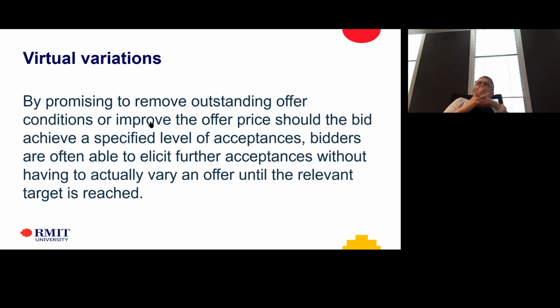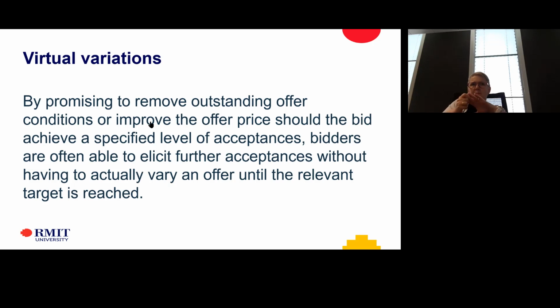By promising to remove outstanding offer conditions or improve an offer price if a bid achieves a specified level of acceptances, bidders often effectively elicit further acceptances without actually having to vary anything until a relevant target is reached. So it's basically a virtual variation. So strategically it can be very important.